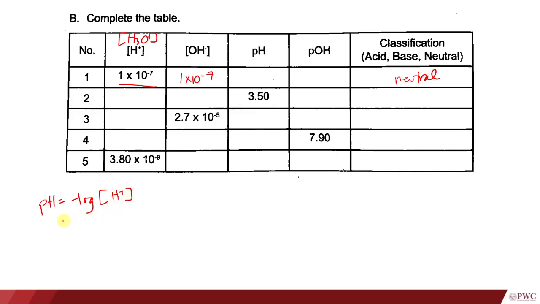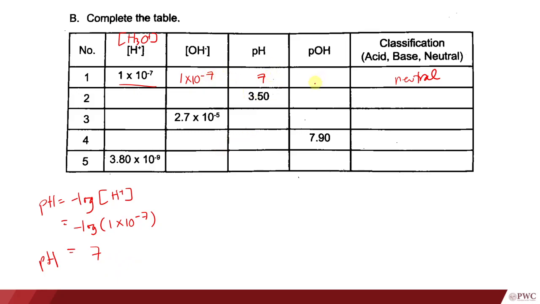We are given the H plus, so we can put it in the equation: the negative log of 1 times 10 to the power of negative 7. This is an easy number because it's base 10 and the coefficient is 1. We can determine that the log of this is negative 7, and since there is a negative sign, the negative of negative 7 is 7.